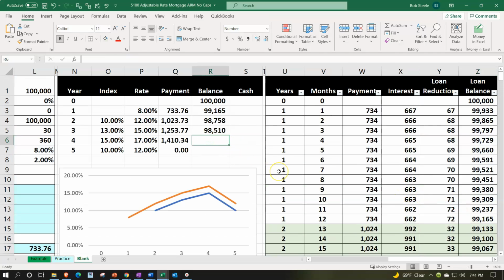Let's do it 2 more times. Equals the prior cell, and then divided by negative PMT, that's not a P, PMT, my fingers are on the wrong one.